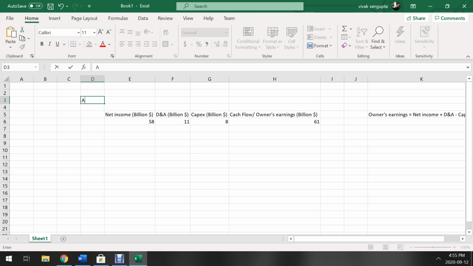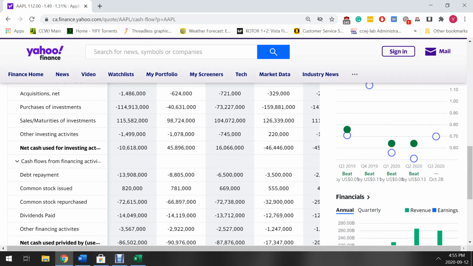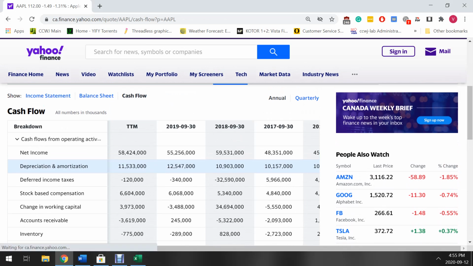So let me write this: Apple stock intrinsic value. Now what we have to do is dig into some history of Apple and see what rate this earnings is growing or not growing. So this is for 2020. If I do 2019, I can go back to Yahoo Finance and check this.